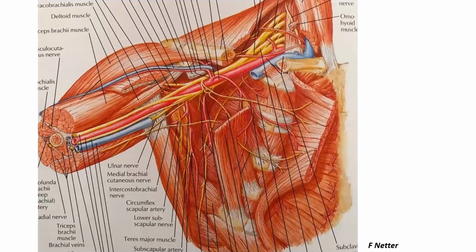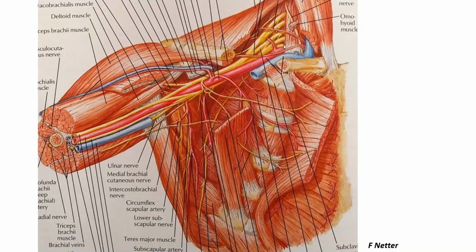Now let's talk about the anatomy of the axillary artery. In order to successfully access the axillary artery, it is paramount to understand the anatomy. There are three anatomical ideas I want to highlight. The first idea is what is subclavian versus axillary artery.